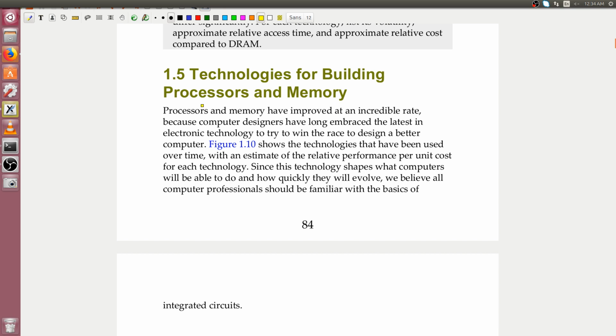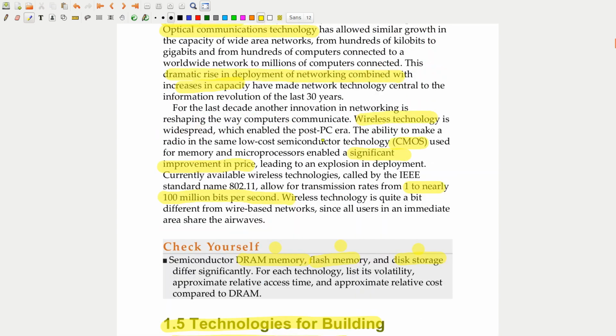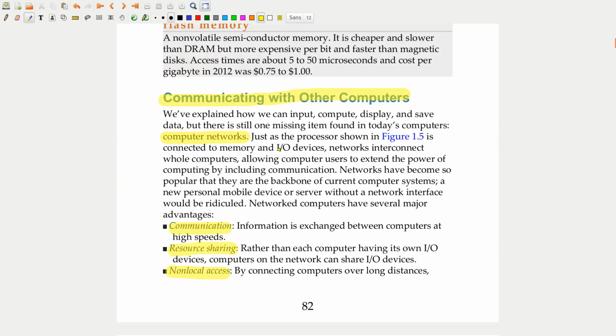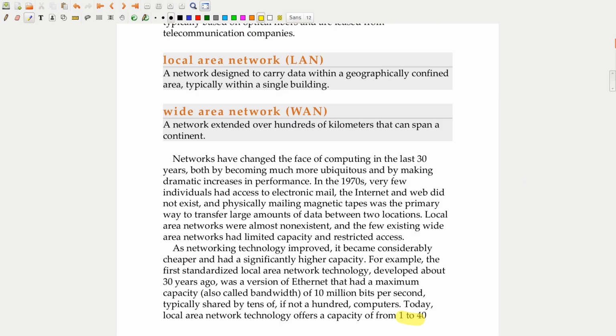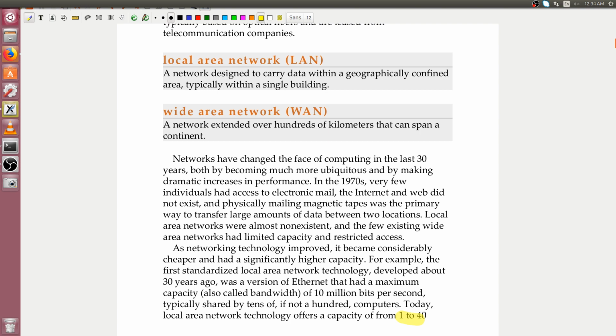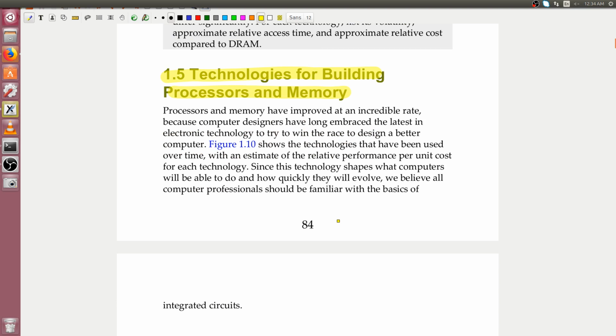So we left off at 1.5, which is technologies for building processors and memory. Right before this, we talked about the memory hierarchy, and how and why we communicate with other computers. And we found that actually pretty interesting. So now we want to see what the building blocks are that make these things.